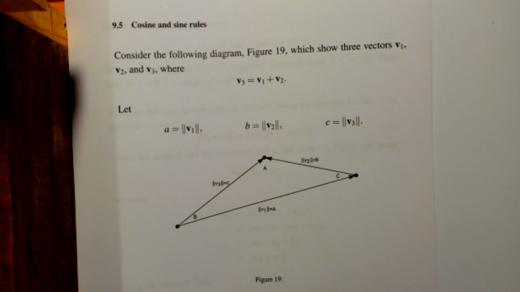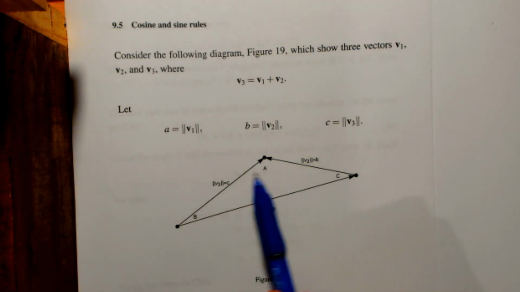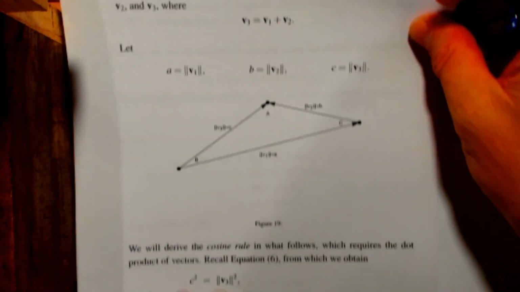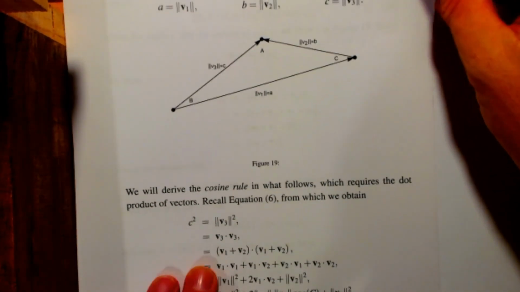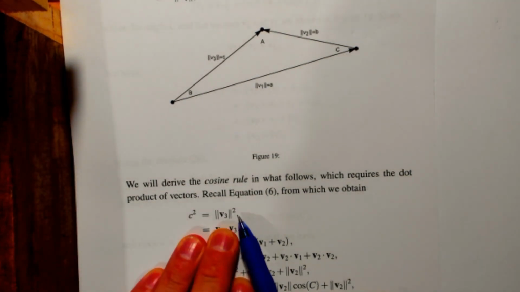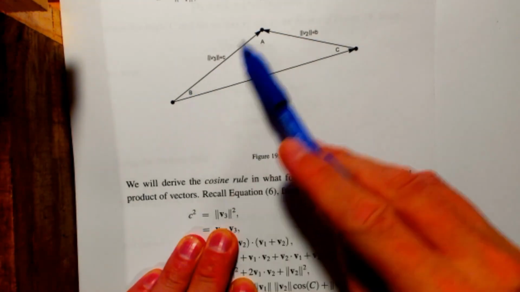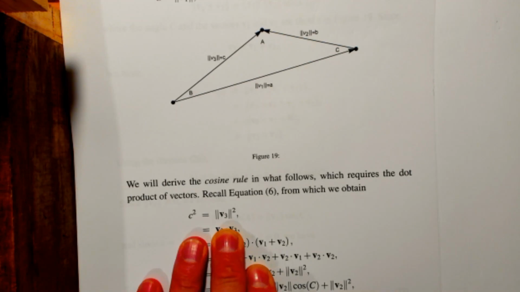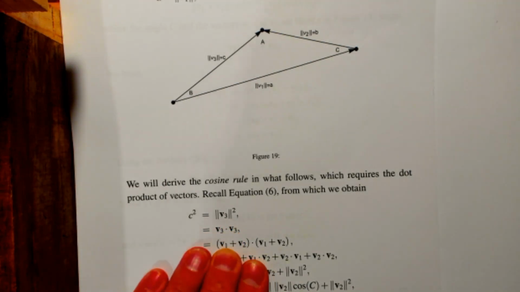Now the side lengths of the triangle that we see there, let's call this side A, this side B, and this side C, which are the norms of each of those vectors. So let's derive the cosine rule from this.